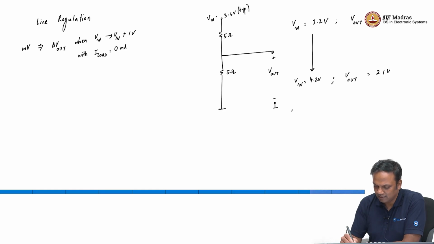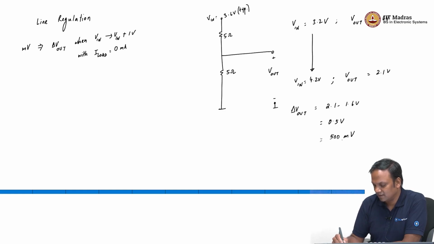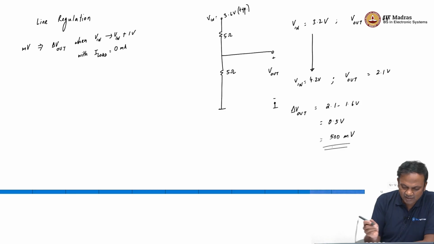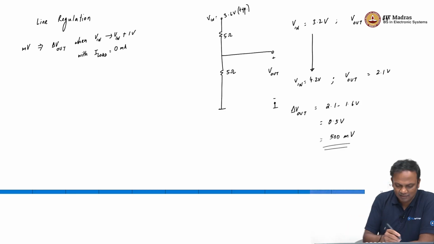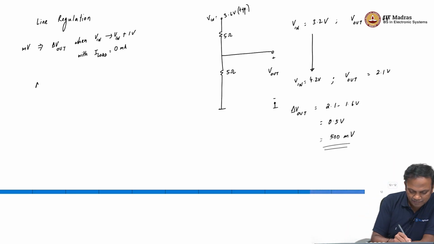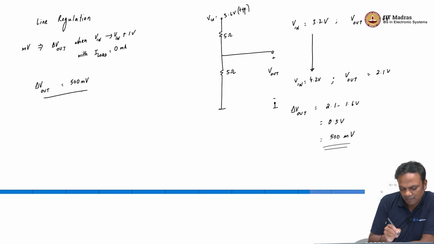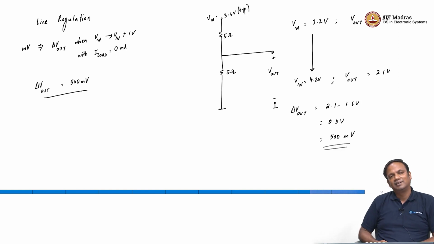So, delta V out is 2.1 volt minus 1.6 volt, which is 0.5 volt, or if we want to quote it in millivolts, 500 millivolt. So, in this case, for a simple resistive divider, the line regulation is 500 millivolt.